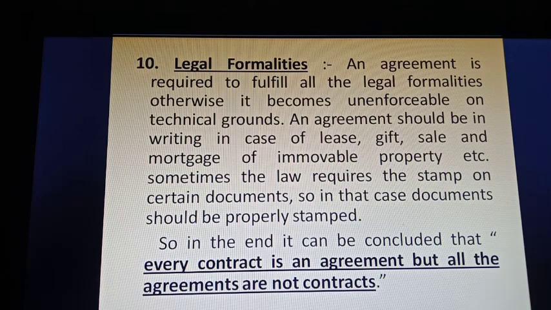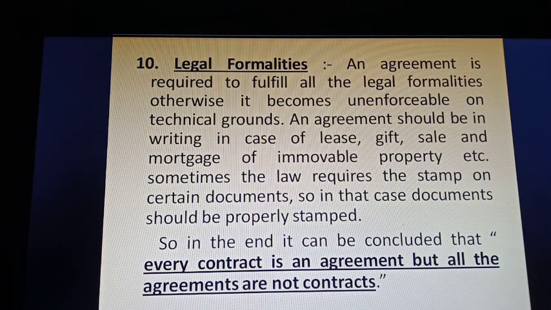An agreement should be in writing in case of lease, gift, sale and mortgage of immovable property, etc. Sometimes the law requires that a particular document should be stamped with a particular amount. Then, unless and until that document is properly stamped, it remains unenforceable.